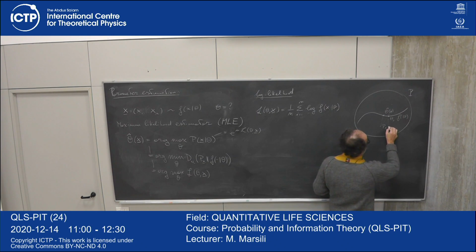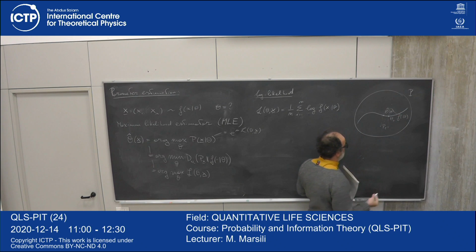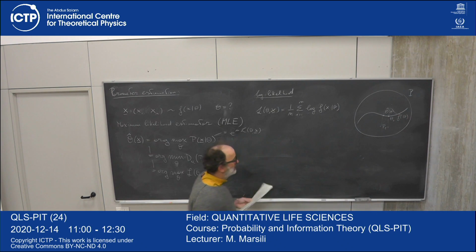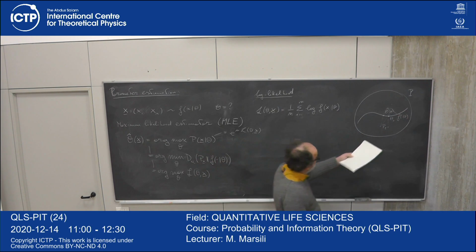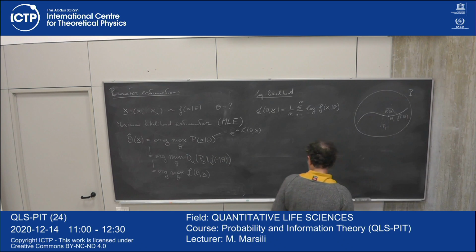If I draw many samples, then I should have a distribution of values of theta hat around theta naught, the true parameter.